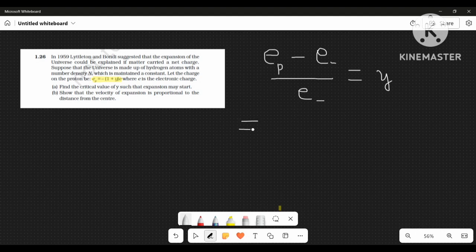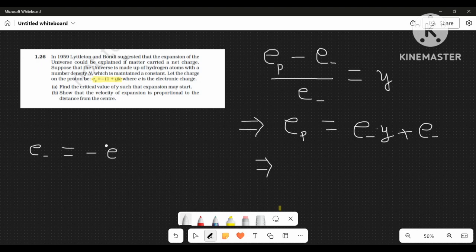Now if you rearrange this expression and write it in terms of y, the protonic charge becomes E minus times y plus E minus. Now we all know the charge on an electron, if we are denoting it as E minus, is minus E, where E is 1.6 into 10 to the power of minus 19 coulombs, which is the fundamental block of electronic charge.